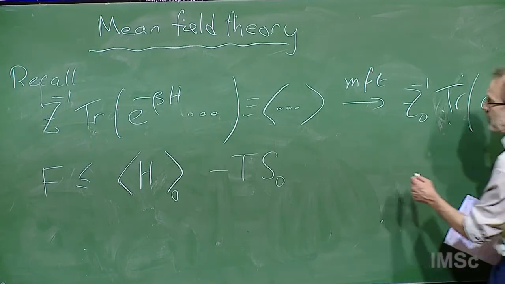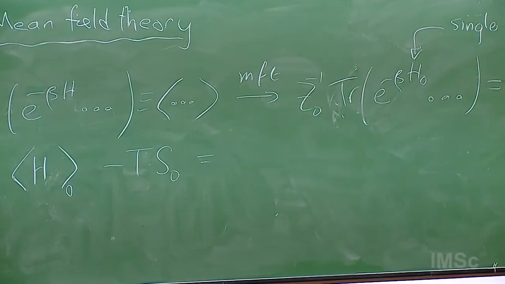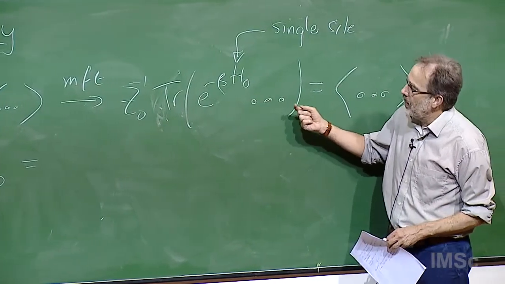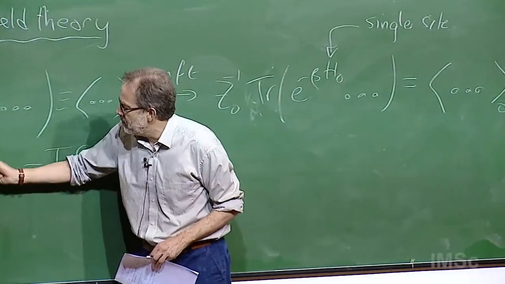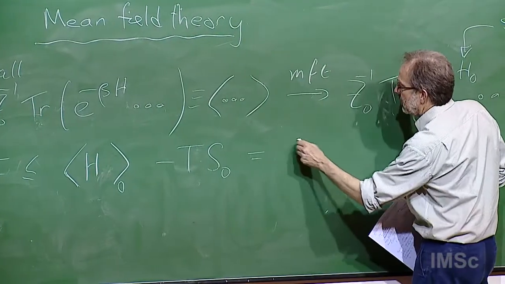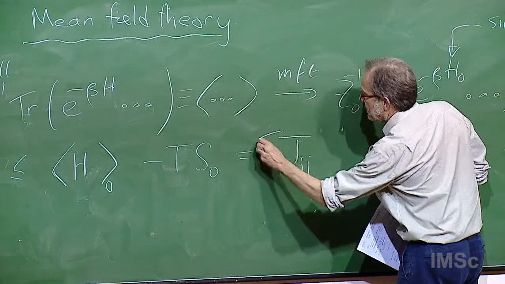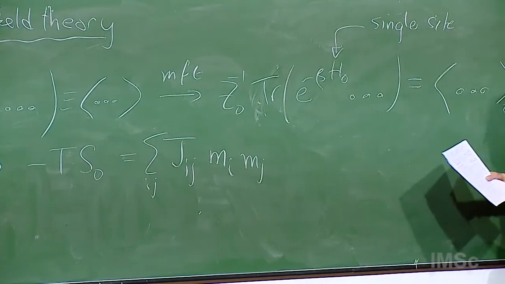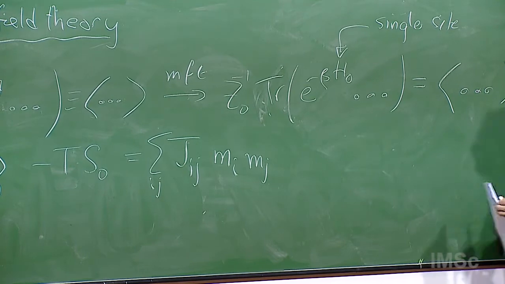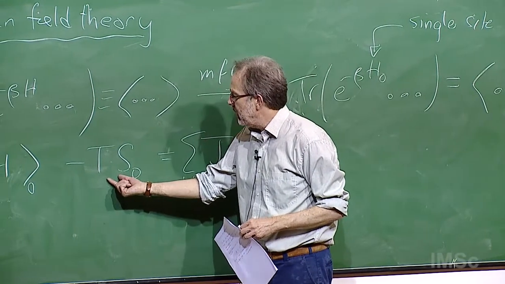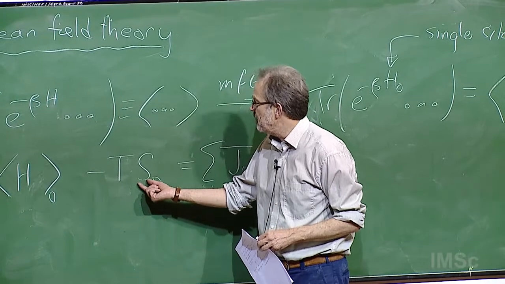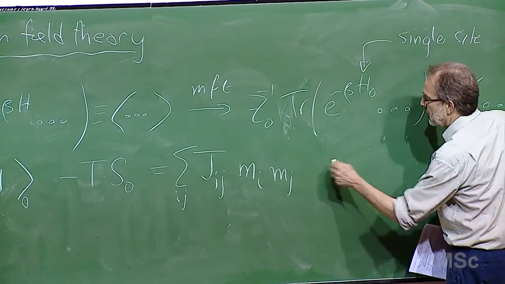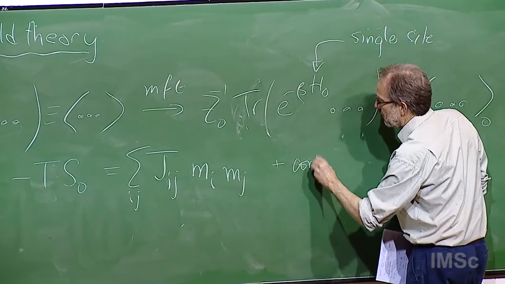So if you work that through, we don't need all of the details, but if we think about the contribution from the Hamiltonian, then we get interactions multiplying the site magnetizations. And if we think about the entropy of a spin in this single site approximation, then we have some constant term that won't be important.